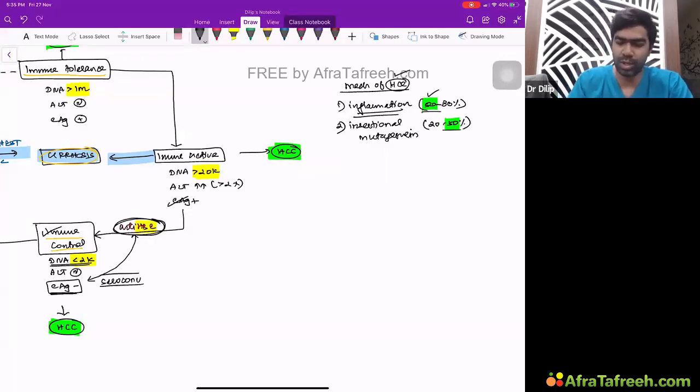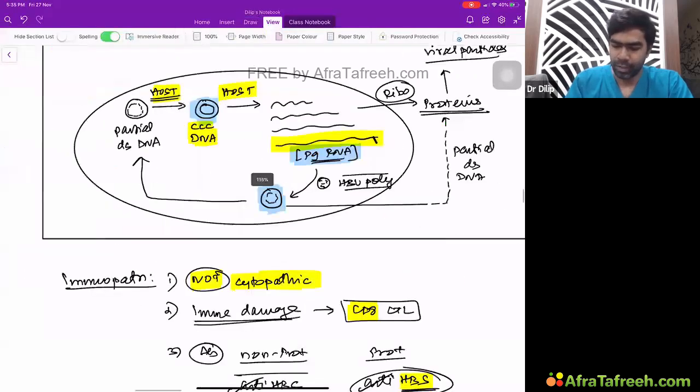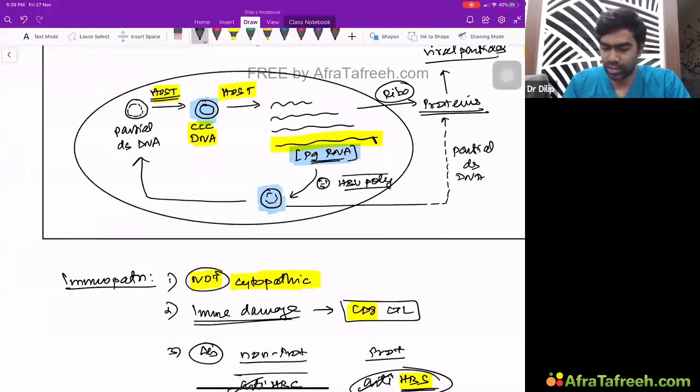What do you mean by insertional mutagenesis? I have told you the life cycle here, where you have this cccDNA formation. Sometimes what can happen is, once this cccDNA is formed, some of the cccDNA can integrate with the host genome.